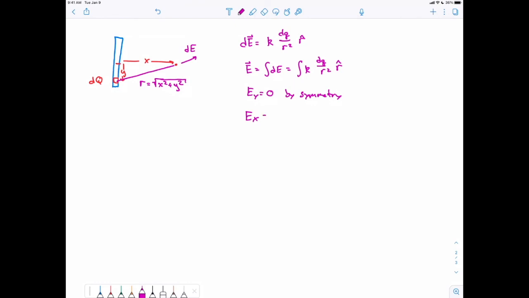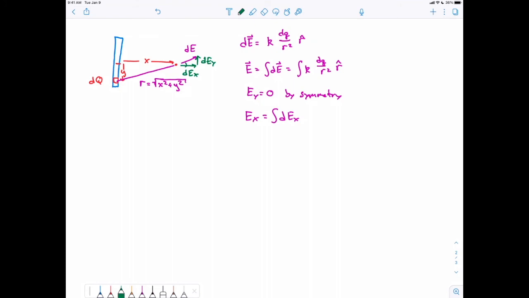Well, the x component is going to come from integrating the x component of the electric field. So let's see what that is. Here's the x component. Just for completeness, here's the y component, which I'm not going to care about, since I'm making the argument that the y components cancel.